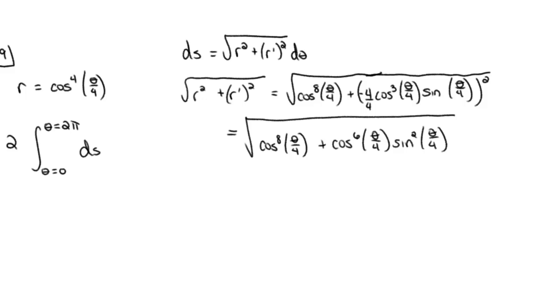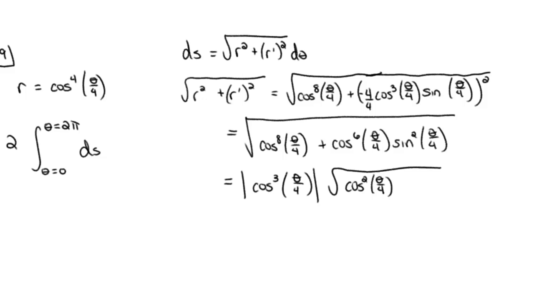I'll take the square root of cosine to the sixth. Technically speaking, when you take the even root of an even power, it should be the absolute value. So it should be the absolute value of cosine cubed of theta over 4. And then you're left with cosine squared of theta over 4 plus sine squared of theta over 4.